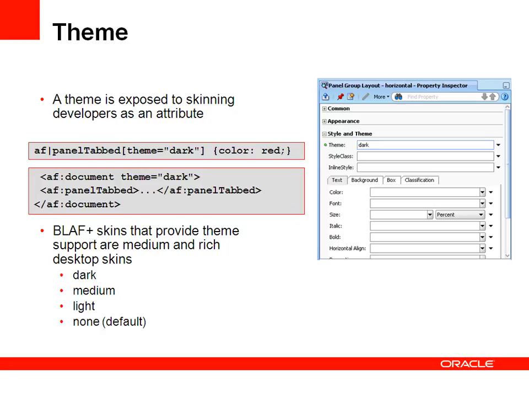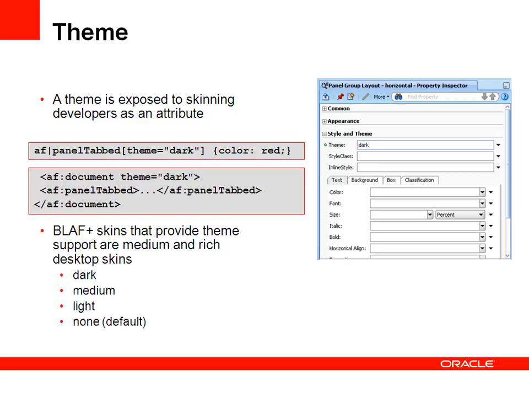Here is an example. I have a panel tabbed, which is just a tab panel, and you see that when I skin this, and if I want to skin the dark theme, and I want to put a red font color on it, then I use af|panelTabbed just to identify the component, and then in brackets I put in theme equals dark or theme equals medium, whatever.